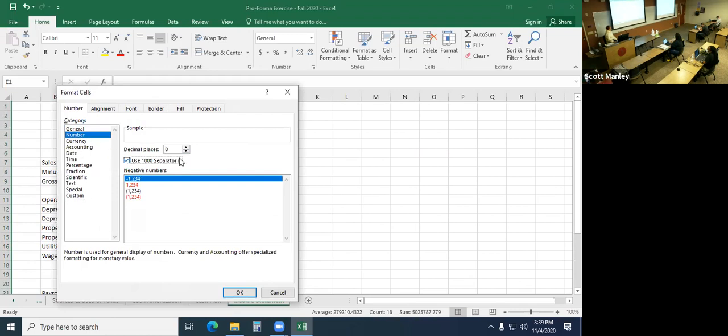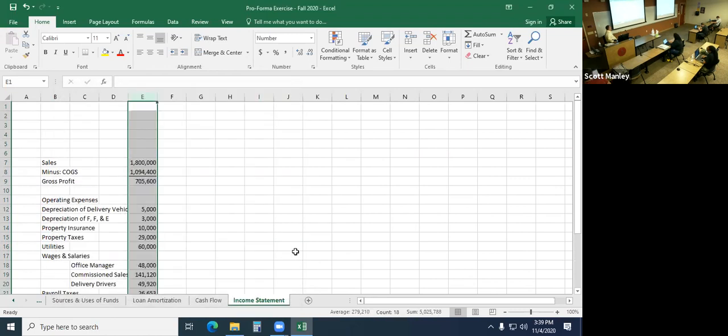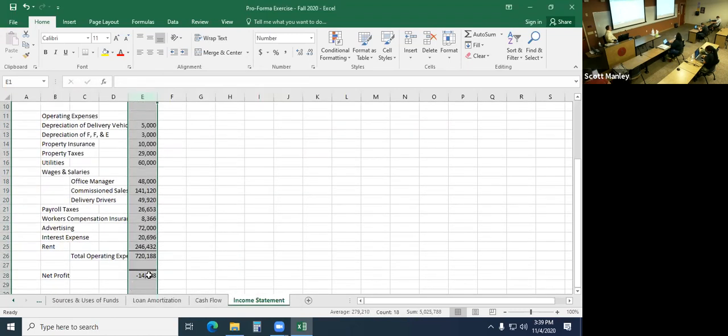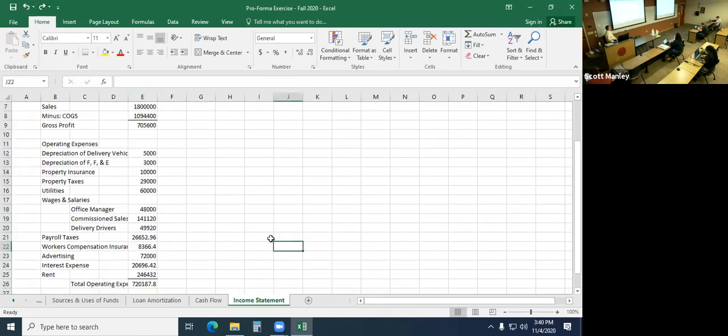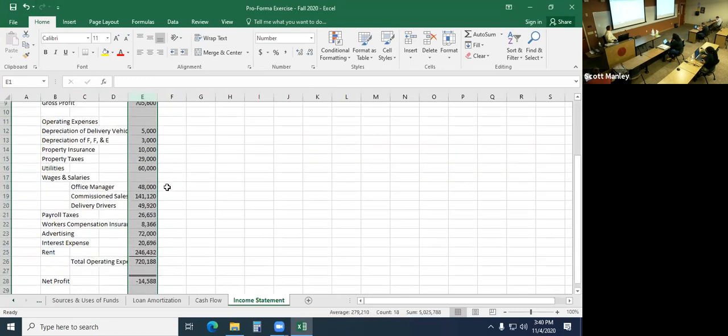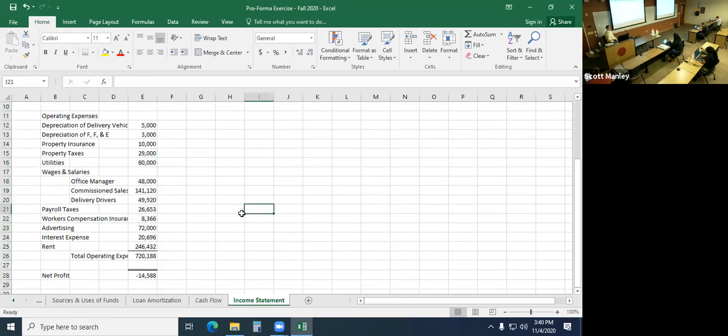Number, no decimals, use the thousands separator. When I do that, y'all, look how much plainer and neater that lines up. Okay, that's after, that's before. Before, after. It just lines up plainer.